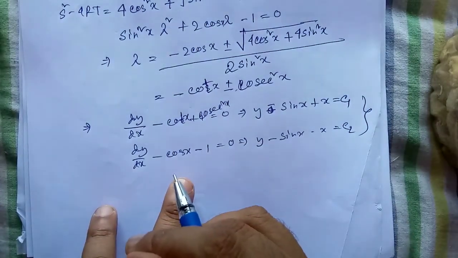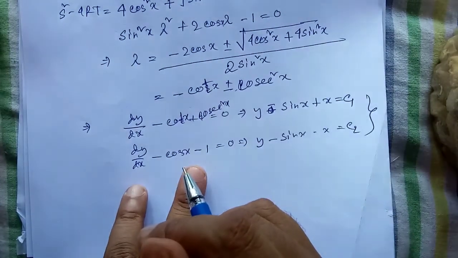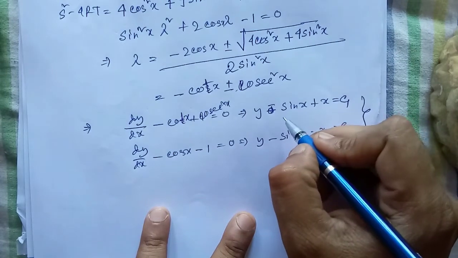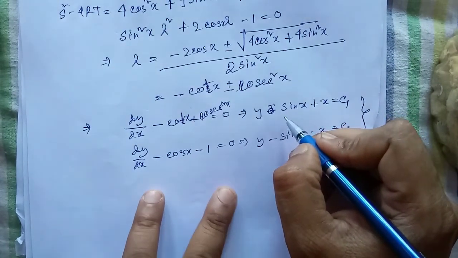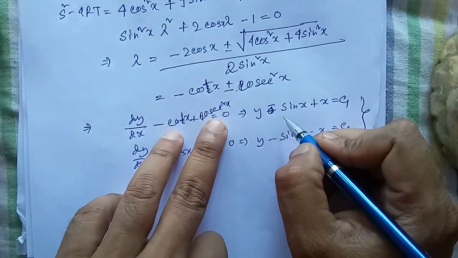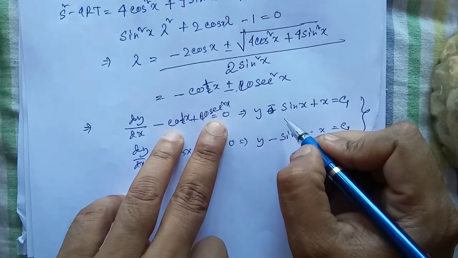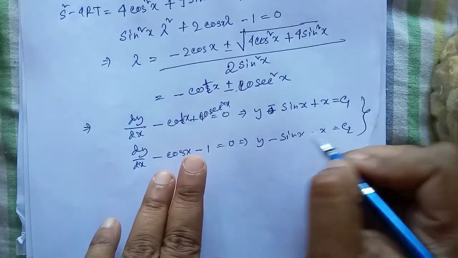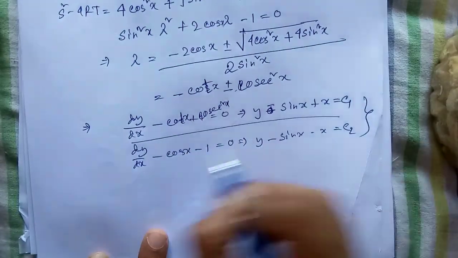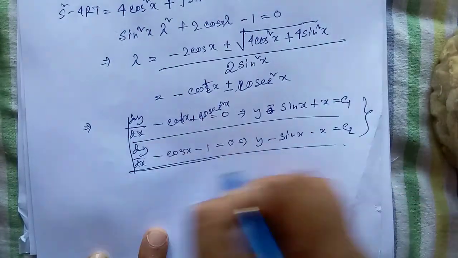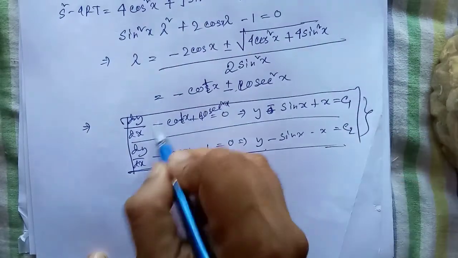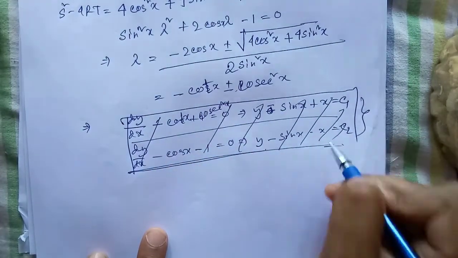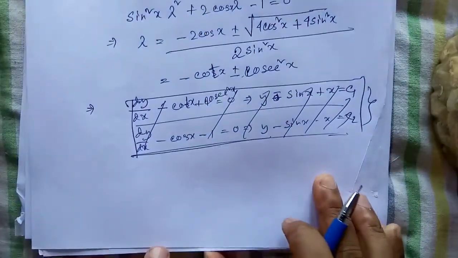Whenever we integrate, cot x will give log of sin x, I guess, right, and cosec²x will give minus cot x, and so on. So please correct this part, and apologies for this wrong mathematics. This part is not correct, please go and rectify it as well.